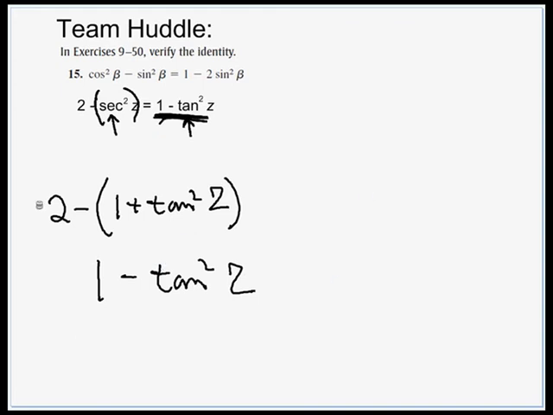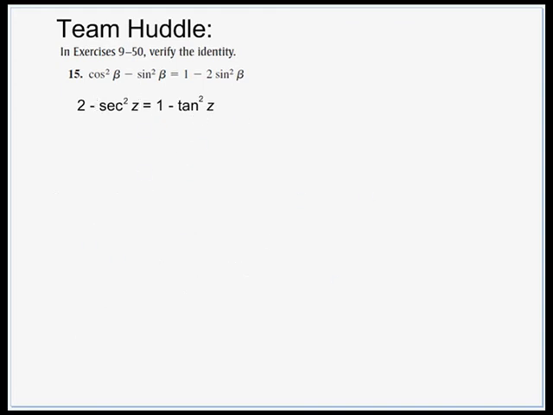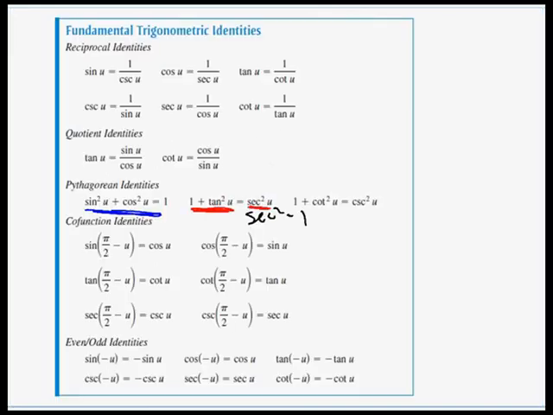And you don't have to start on the left. They say the more complicated side first. I'd say these are about equally complicated. We could leave the 2 minus secant squared z alone and have on the other side 1 minus, what can we replace tangent squared with? Tangent squared, if we move this over, would be secant squared minus 1.